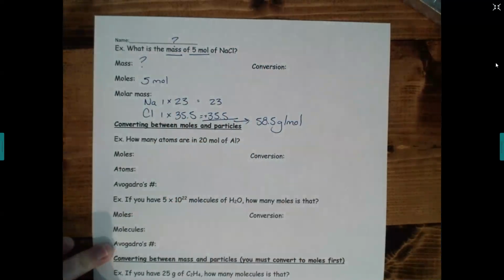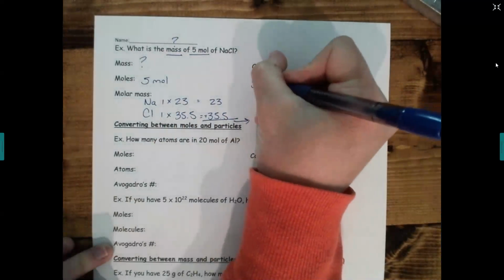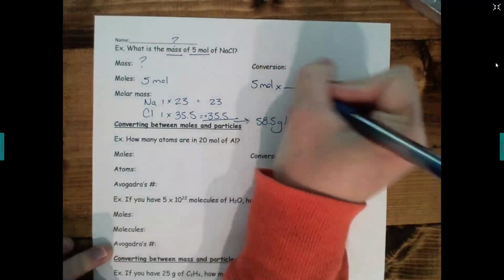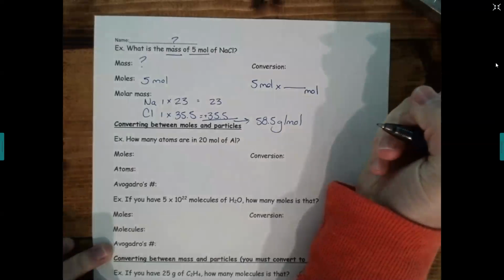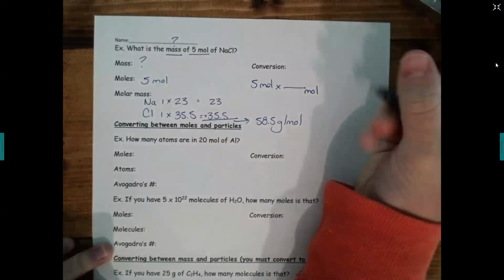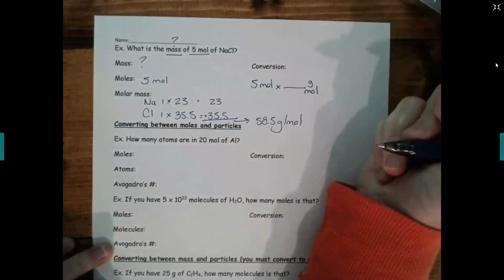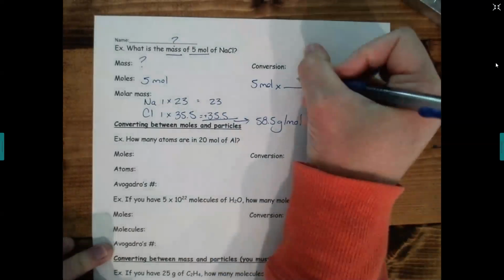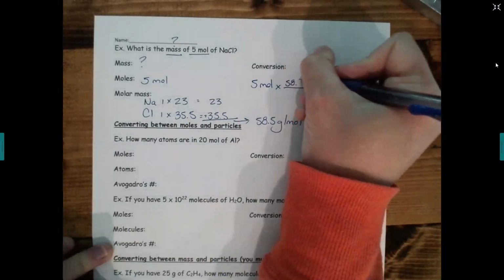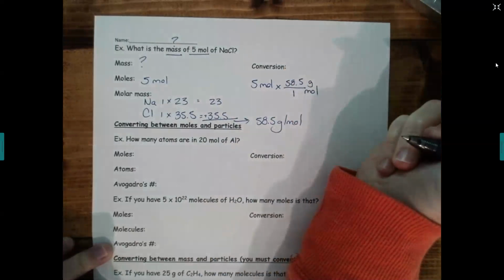So again, using dimensional analysis, you're going to start with what you know. Now I want to get rid of moles, so I move moles to the bottom. I'm solving for grams. I'm going to put grams on top. And the molar mass always goes next to grams. And you always put a 1 next to mole.